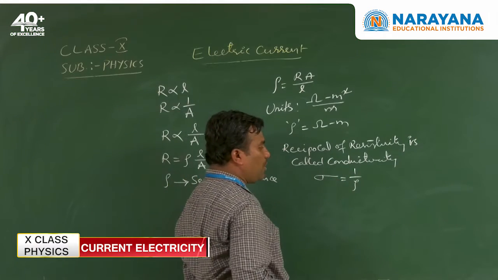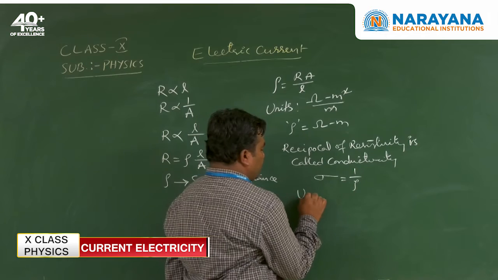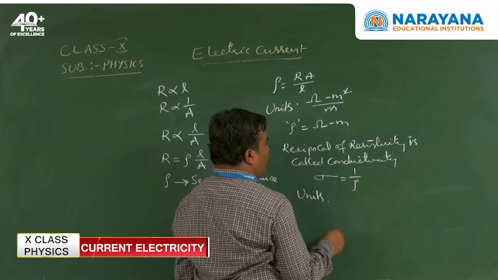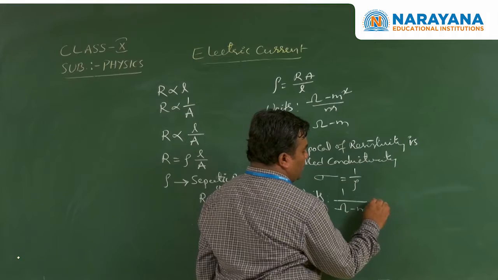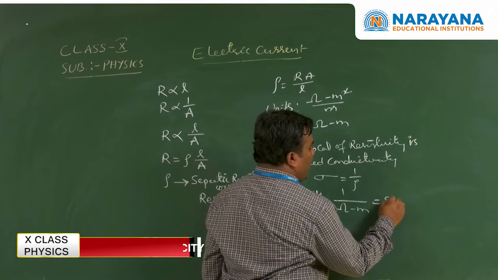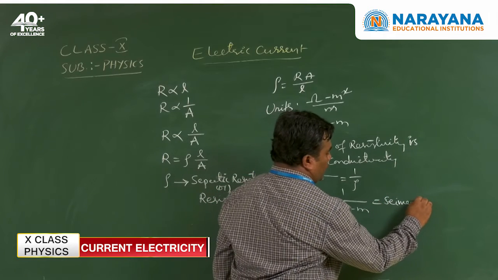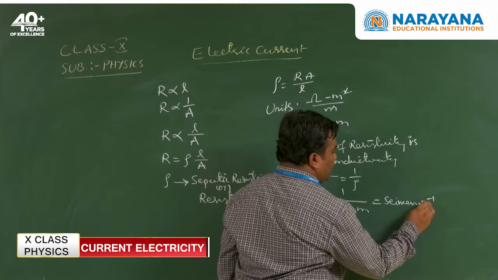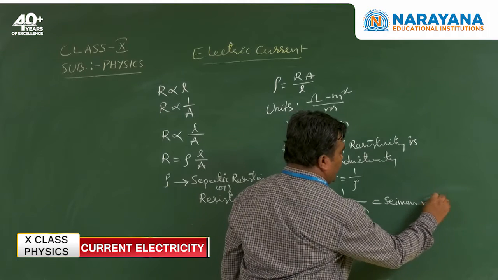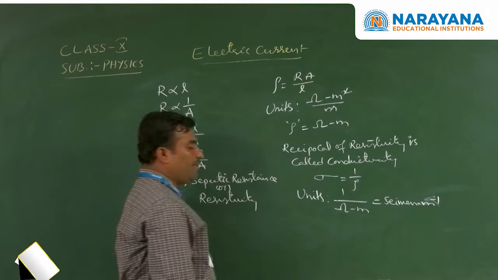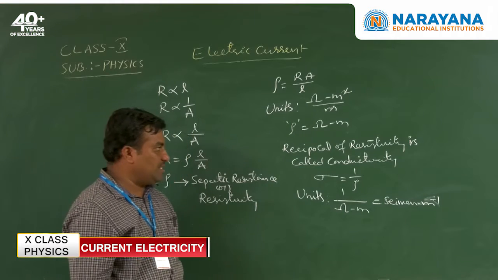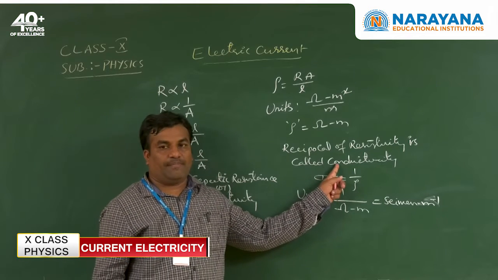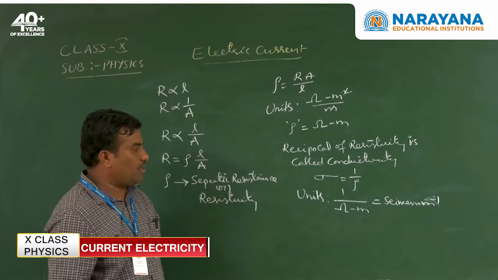Units: ohm meter inverse, which can be written as Siemens per meter. Siemens per meter or ohm meter inverse is the unit of conductivity. The reciprocal of resistivity is called conductivity.